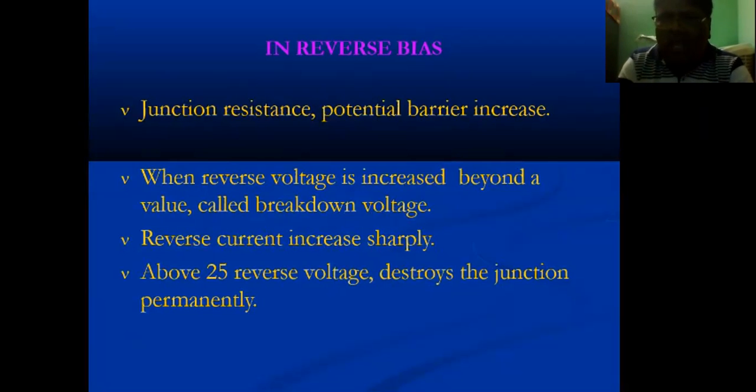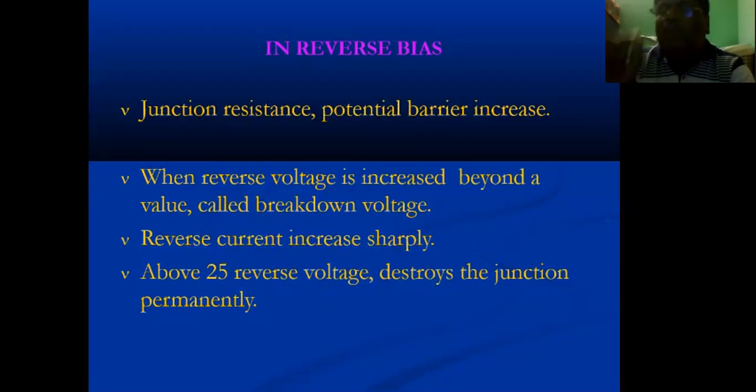In a forward bias, you apply the voltage 0.1, 0.2, 0.3, like that. But in case of reverse bias, you are applying the voltage, but the current is not passing. 1 volt, 0 current. 2 volts, 0 current. 3 volts, 0 current. At about 10 volts or 15 volts, the current will pass.